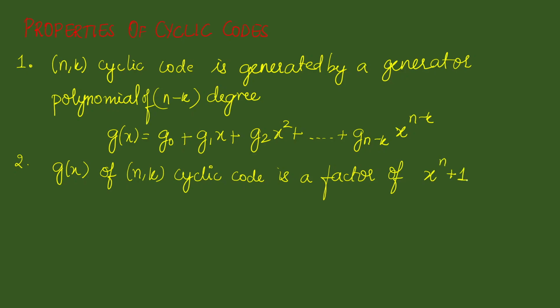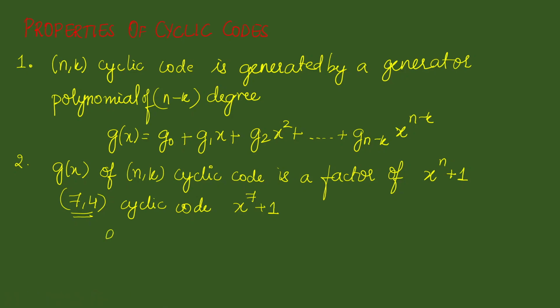This holds good for every cyclic code which we are defining. Let's suppose I take a (7,4) cyclic code. The generator polynomial of this (7,4) cyclic code is going to be a factor. That means it is going to properly divide the polynomial x raised to 7 plus 1. We are going to see in the examples how this happens.